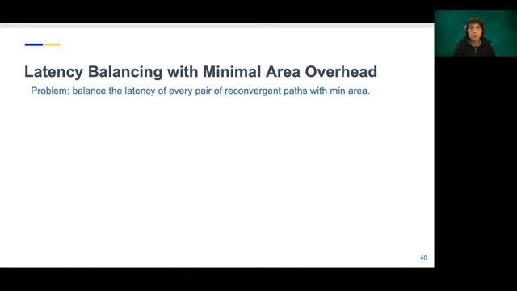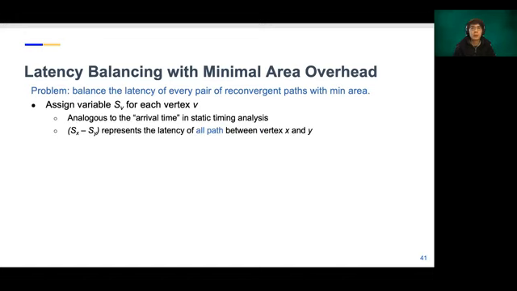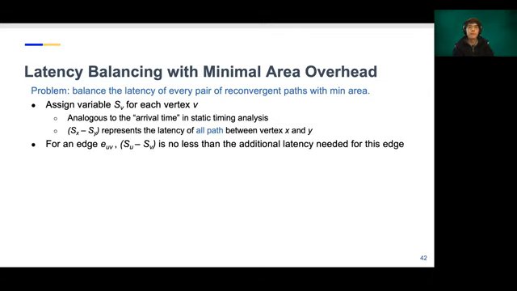We propose a polynomial time algorithm to solve the problem. We assign a variable s for each vertex to represent the total latency from the source node to this node. This idea is akin to balancing the arrival time in static timing analysis. Therefore, for all paths from node X to node Y, the difference of Sx and Sy represents the latency of any path in between.